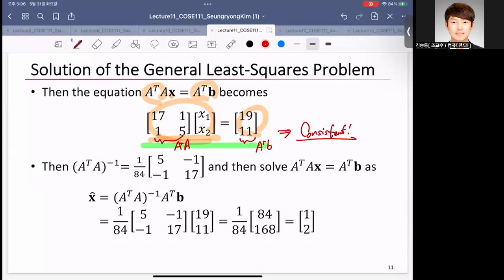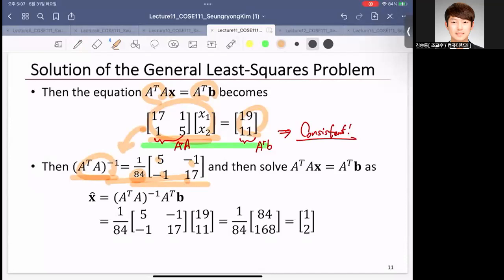In this case, let's use the inverse of matrix A^T A. The inverse of A^T A was 1/84 times [5, -1; -1, 17]. Please try to derive it yourself.